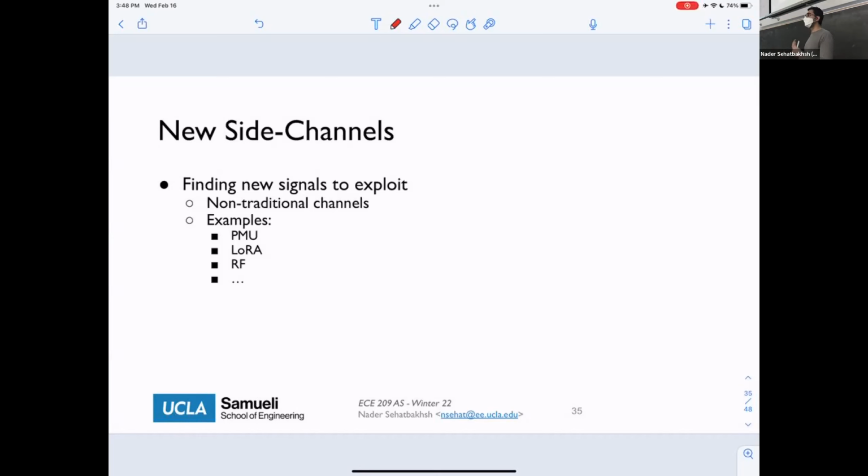So these are newer types of side channels that still use physical characteristics, but not in the traditional way where we run some program, get the signals, and get X and F of X. We have one level of indirection in order to extract something.